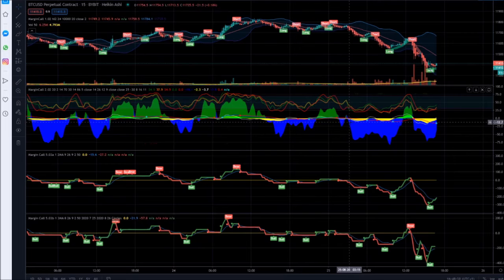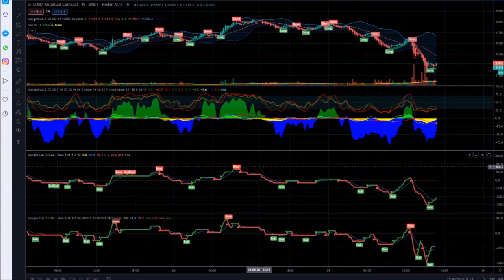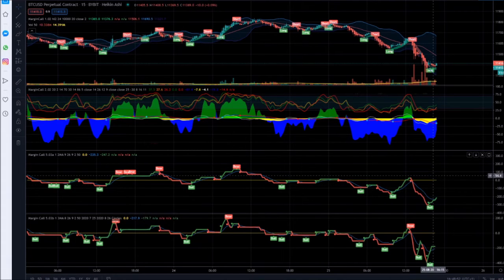But as you've got Margin Call 2, pay attention to the sand and the sea and the hills. It tells you a lot, but this tells you more. This is visually simpler. Everyone wants to stick on circles and dots and this and that.